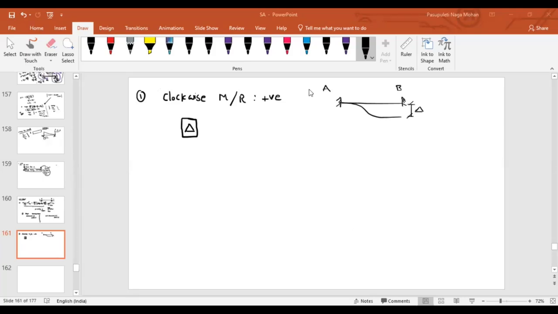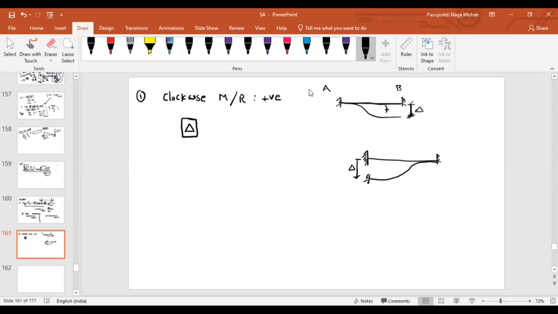Now see, imagine there are two ways. Imagine if the right end has sunk by an amount delta, and in the second case, let us say the point A has sunk by an amount delta. Now, imagine initially the beam is in the horizontal direction, and as the right side sunk by an amount delta, in which direction has the beam rotated?